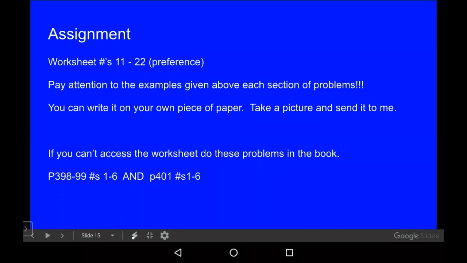Pay attention to the examples, because I know some people were asking questions. I put examples above everything so that you can see that. You can write it on your own piece of paper, then take a picture of it and send it to me. If you can't access the worksheet, then these are the problems you want to do in the book: page 398, 399, numbers 1 through 6, and then page 401, numbers 1 through 6.